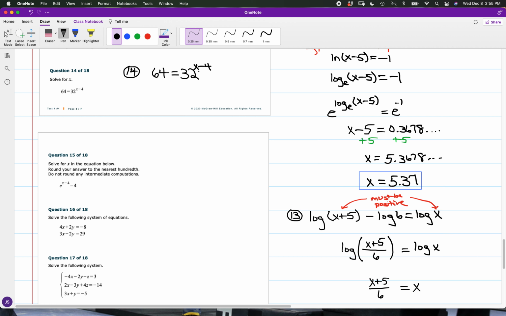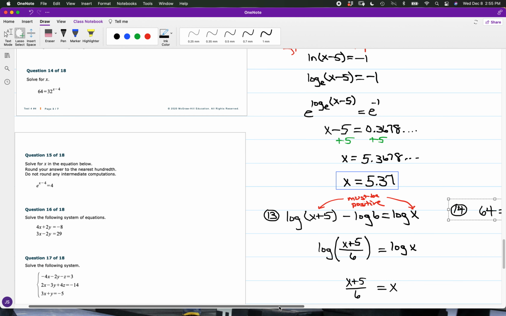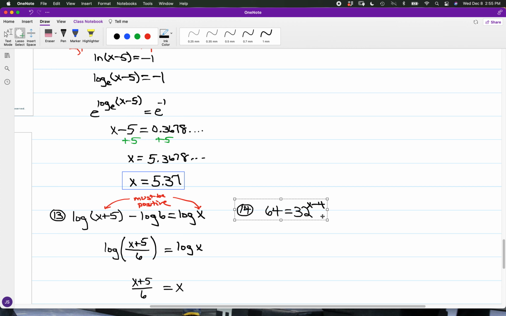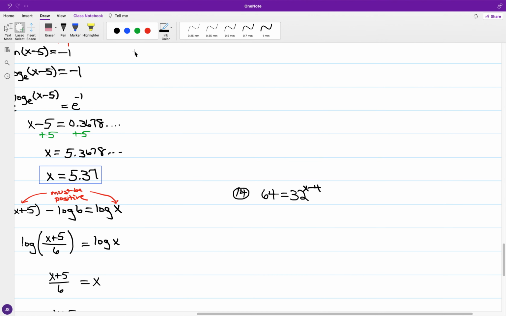Okay, so we got 64 is equal to 32 raised to the x minus 4. This is a sample of what we have for an equation that's going to share a common base. So we have in this case 64 equal to 32 raised to the x minus 4.